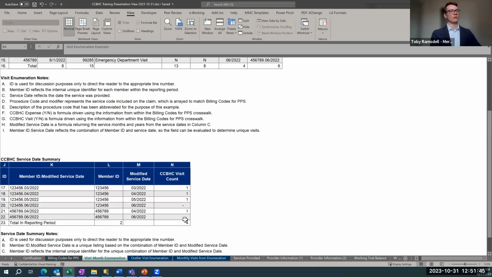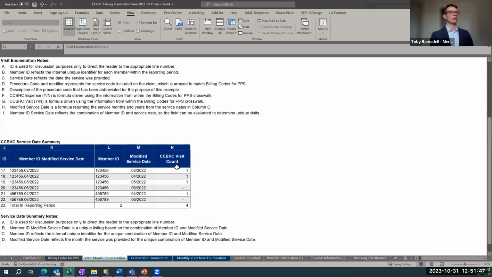And so that's what I've done over here: I've enumerated the number of visits, the count of visits based on the member ID and the modified service date. So what I'm doing is I'm parsing the data to identify which months a member received a visit triggering CCBHC service. And then I'm only counting 1 visit per month.